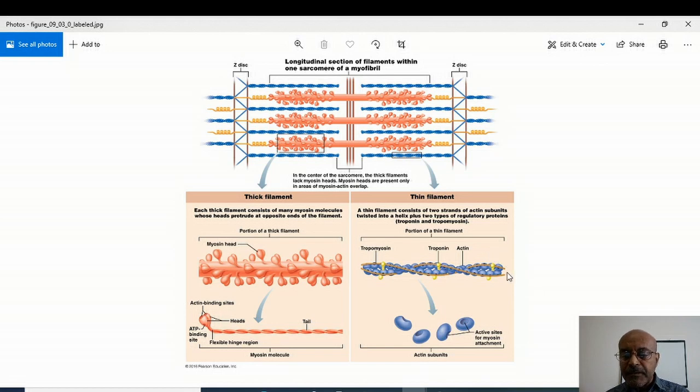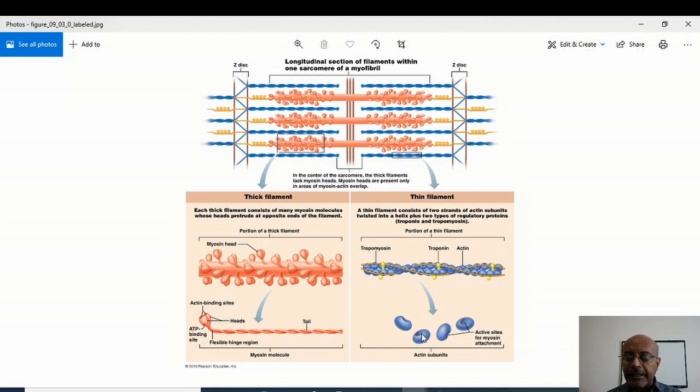By the way, this chain of beads with the dimple on them, this dimple is active site, to which during muscle contraction this myosin head comes and attaches itself. We will see this myosin head, this seed-like structure, which is known as myosin head of the thick myofilament, will be attaching itself to these dimple-like structures.